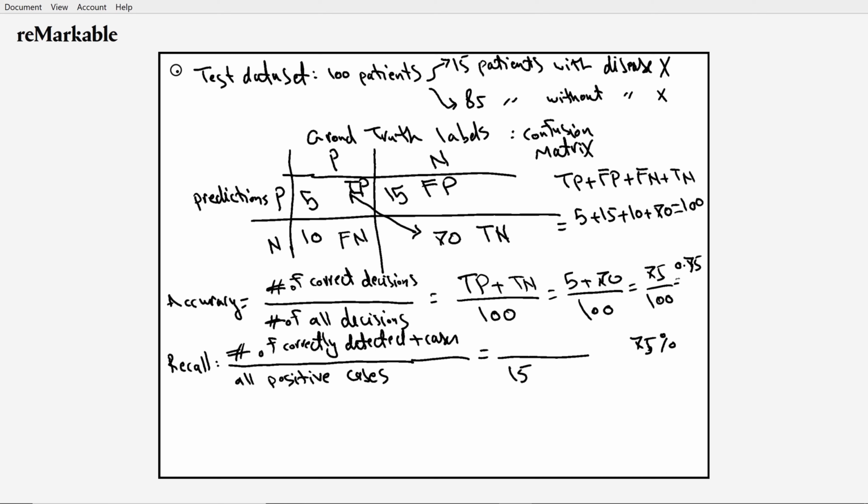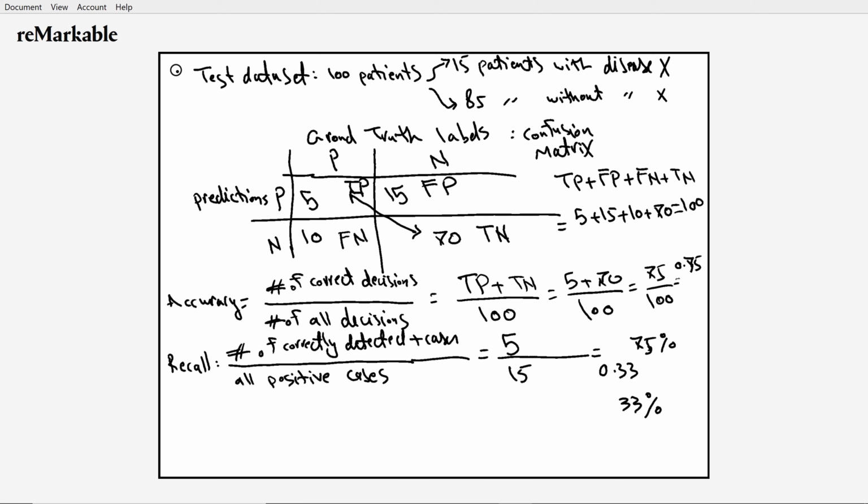That would be our true positives, because true positives, this first cell in our table, are cases where the patient was positive and our model detected those cases. And we have 5 of those. So the numerator is going to be 5. 5 divided by 15 is going to be 0.33 or 33%. So this is our recall.